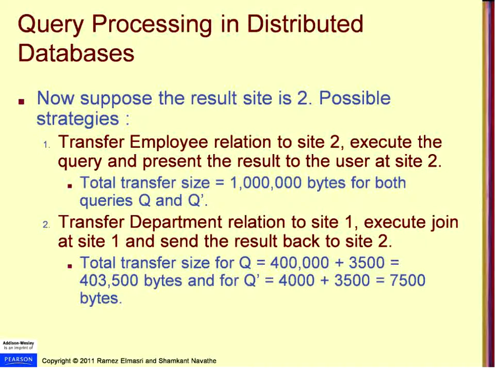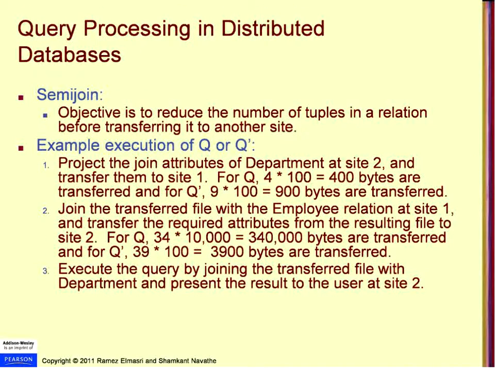If we talk about query 1, it required 400,000, because it was 40 bytes and 10,000 tuples, so it required 400,000 plus 3500 bytes. For query 2, it would require 3500, the department table size, and 4000, the result size, so it would require 7500 bytes. So now here you can see that strategy 2 is better.